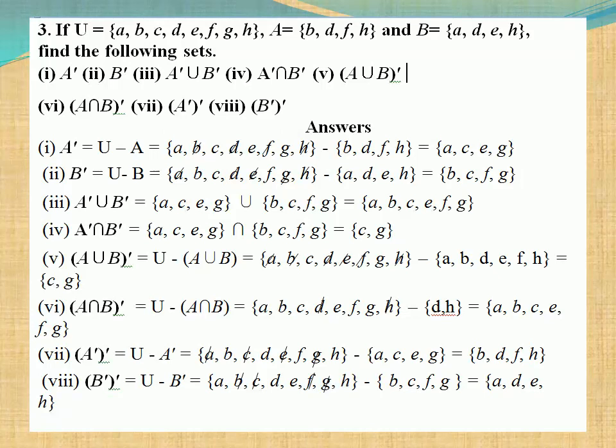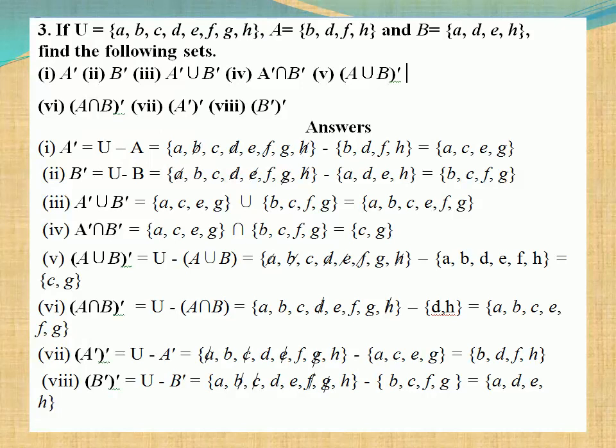A dash means what? U minus A. U set difference A. First you have to write the set of all elements of U minus set of all elements of A. Now cancel the common elements from U and A. What are the common elements here? B, D, F, H. The remaining elements from U are A, C, E, G. These are the elements of A dash.